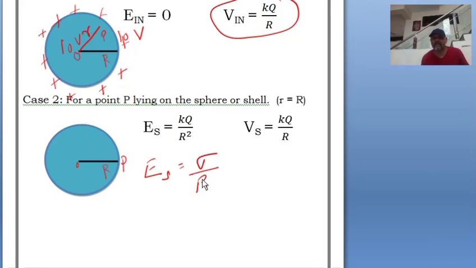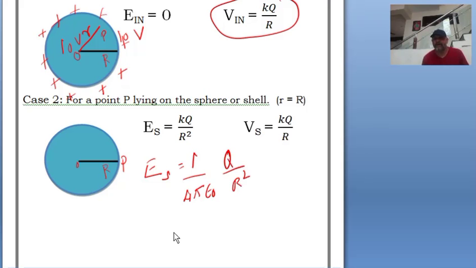Let me prove that. What is k? k is 1 divided by 4 pi epsilon naught. Es is equal to 1 divided by 4 pi epsilon naught, q divided by R square.